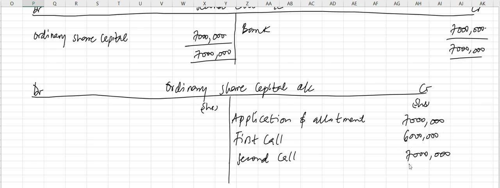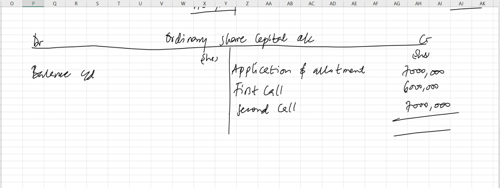So that's it all. What you have to get now is your balance carried down, which is 7 million, 7 million, 6 million, that is 20 millions. Remember, your ordinary share capital has a par value. The shares have a par value of 20 millions.